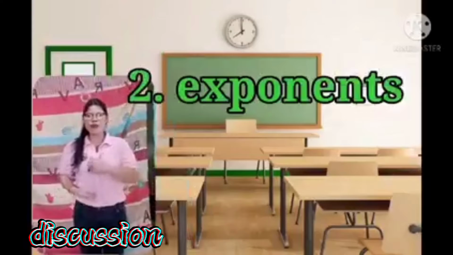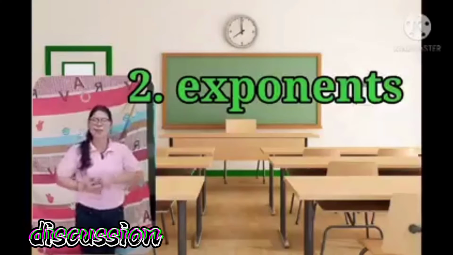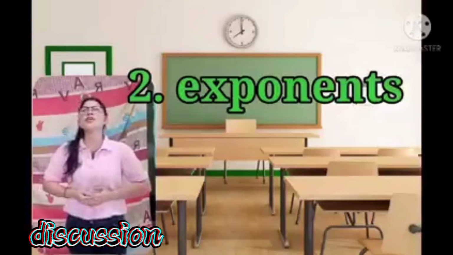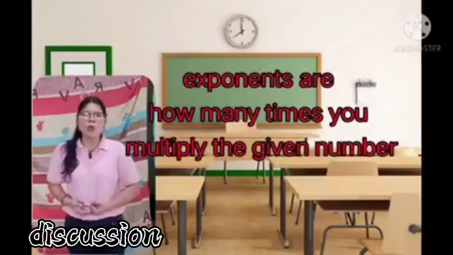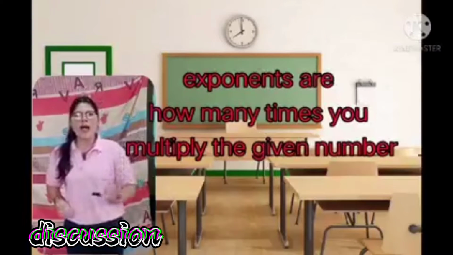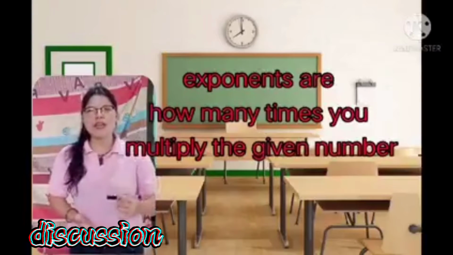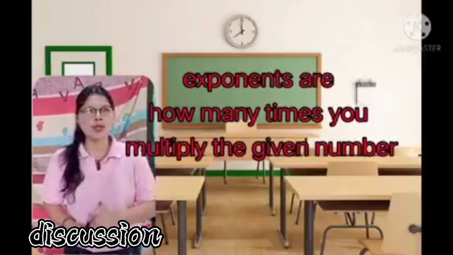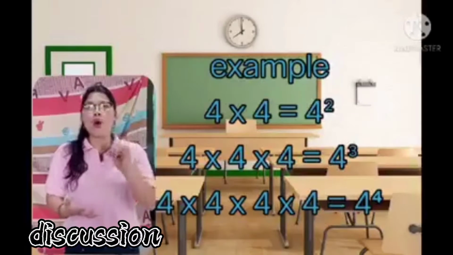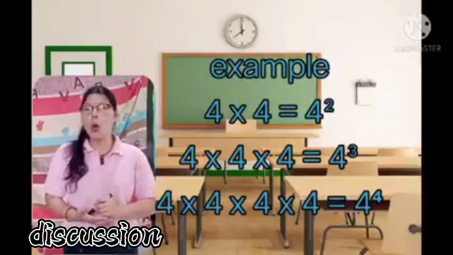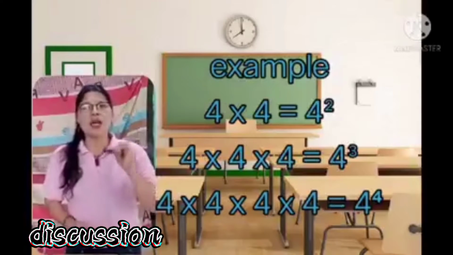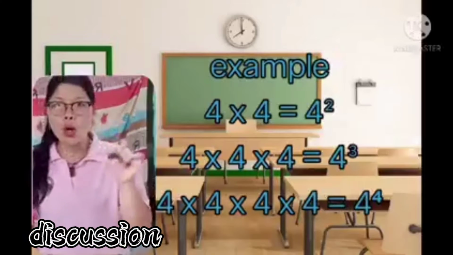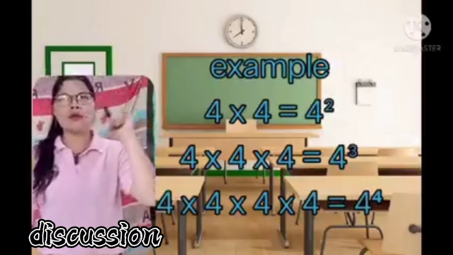So, let's go to the second step, which is exponents. Exponents are repeated multiplication, where we multiply the number by itself as many times as the given exponent or power indicates. For example, 4 times 4, let's write it as 4 to the power of 2.